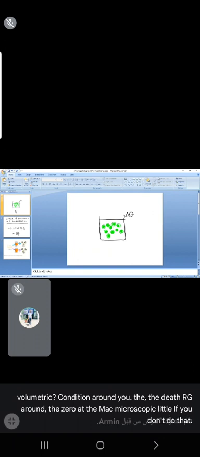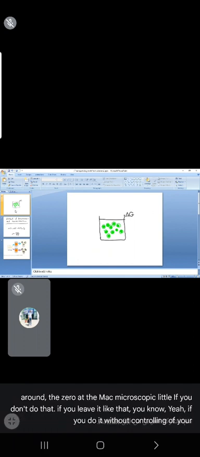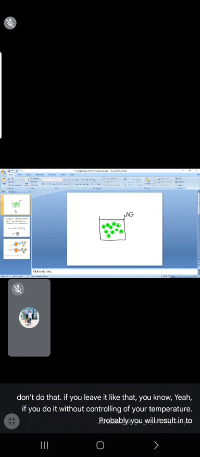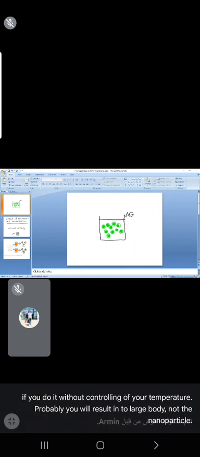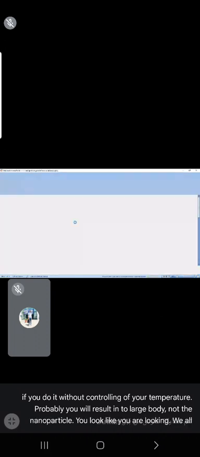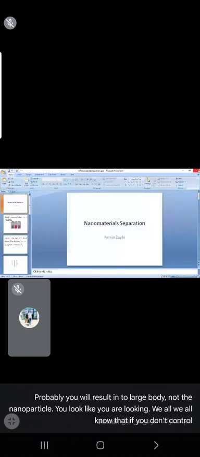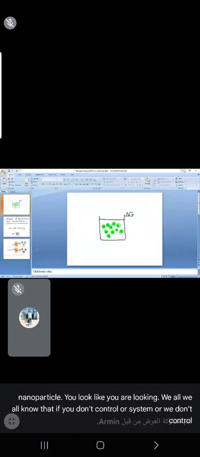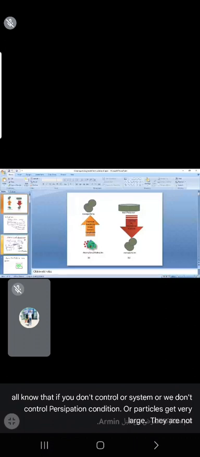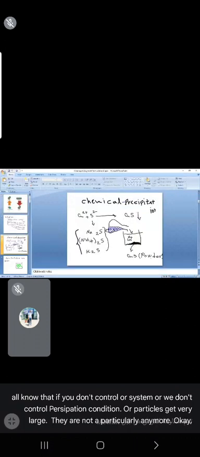If you don't do that, if you do it without controlling your temperature, you will probably end up with large powder, not nanoparticles. We all know that if we don't control our system or our precipitation condition, particles get very large. They are not nanoparticles anymore.